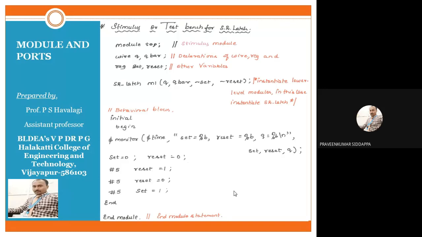Whenever we are writing the test bench, for that purpose we have written set equals 0, comma, reset equals 0.